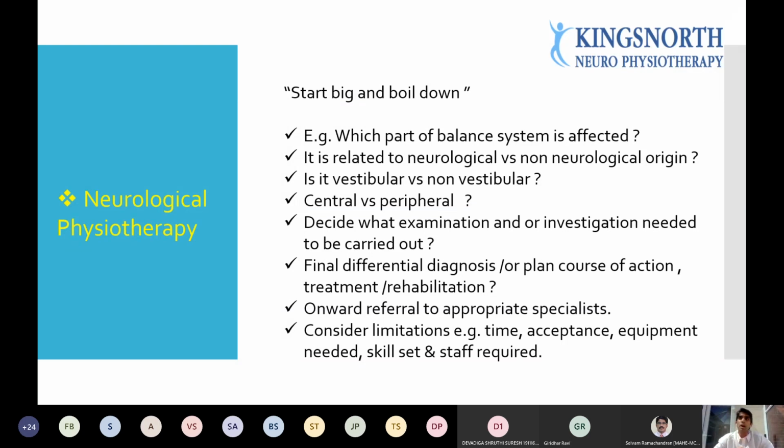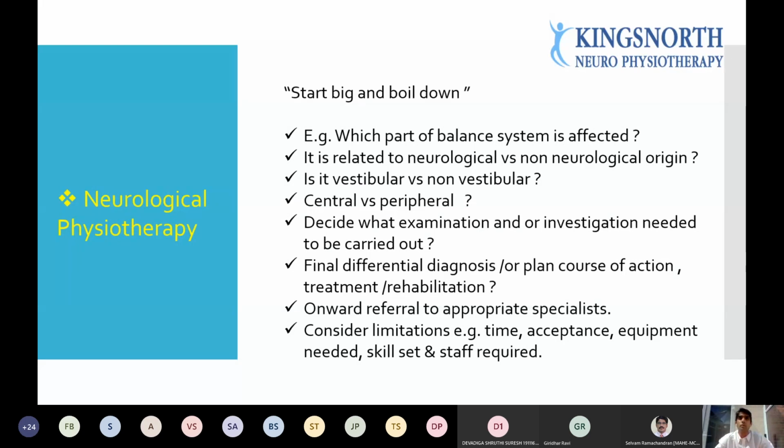I always feel that starting big and boiling it down is a good method to get to the patient's problem. It's like trying to unpick the situation and find out how various problems fit together, boiling it down to the core issues.